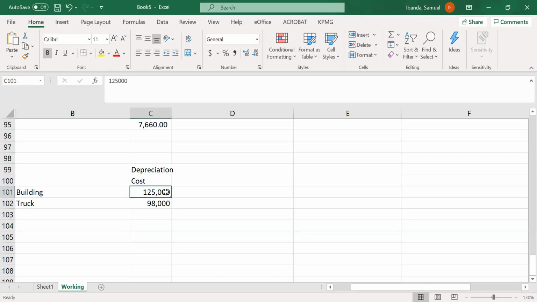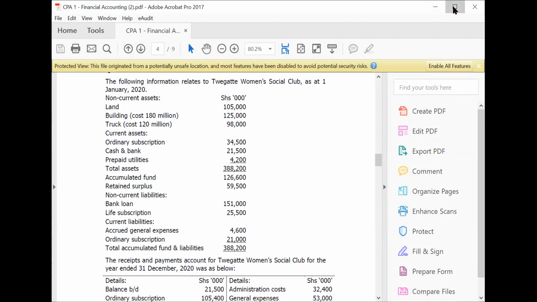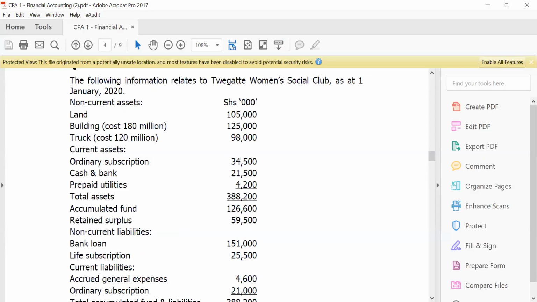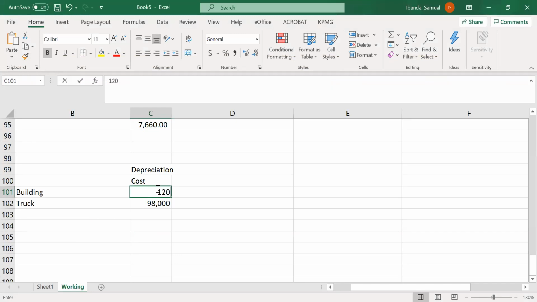But these are not the costs. These are the accumulated, these are basically net book values. So the values we need are basically these values, 180 and 120. Some students sometimes make that mistake. So 180 and 120, those are the values that we need.